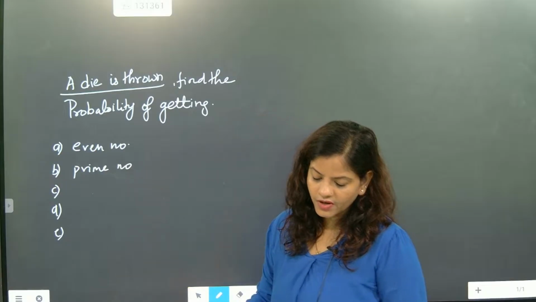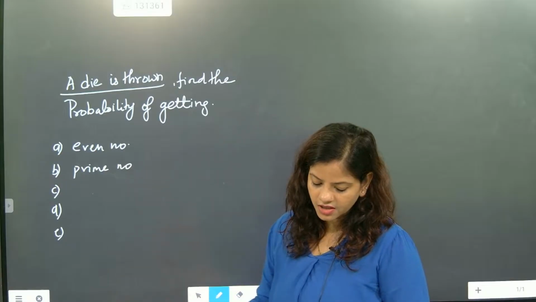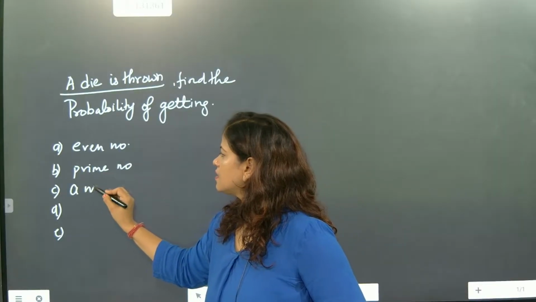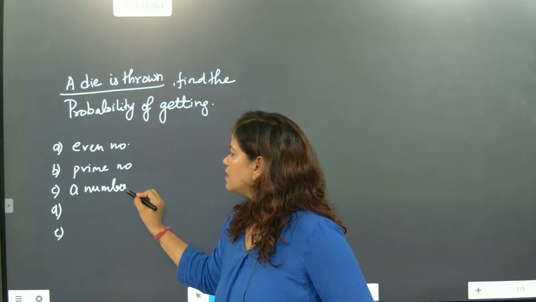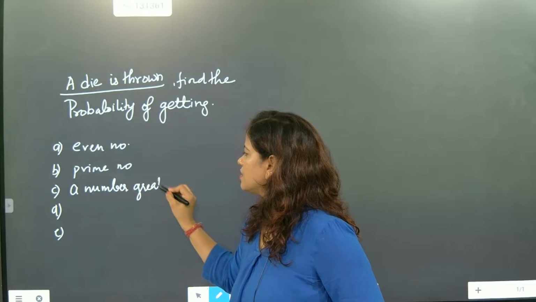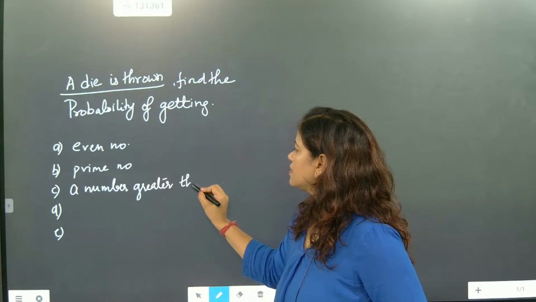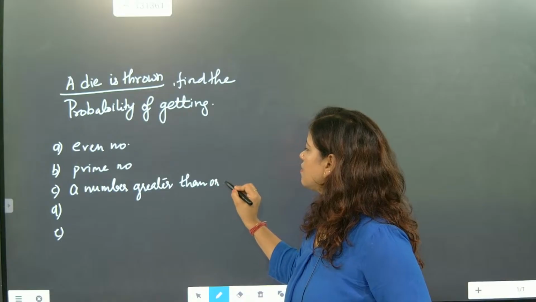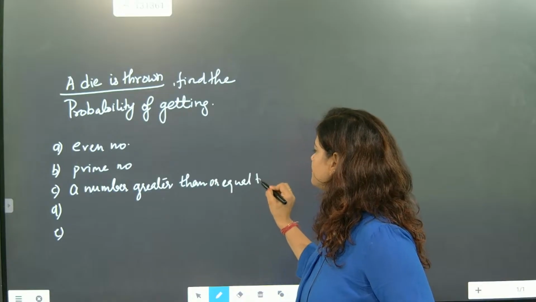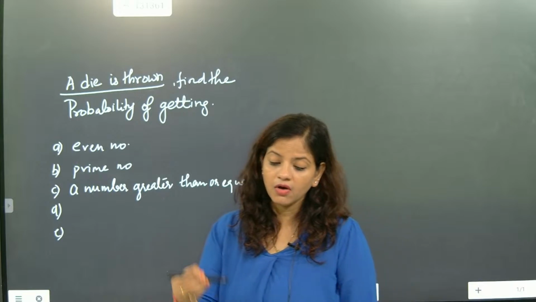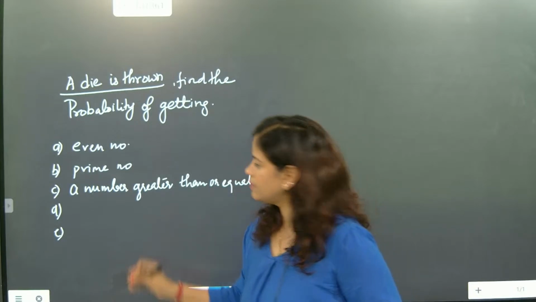Okay. Third one is a number greater than or equal to 3. Fourth one is a number less than or equal to 4.